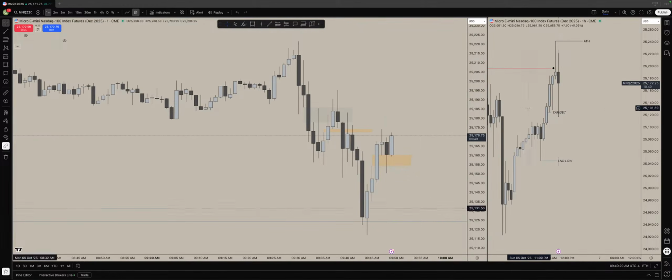Well, even if not, right? Now we can look for this as a propulsion block if we close above like that.